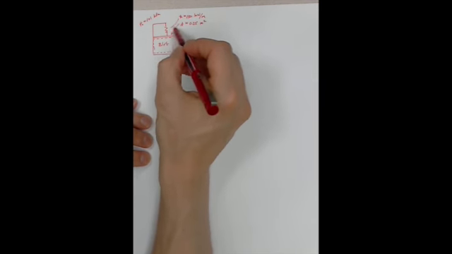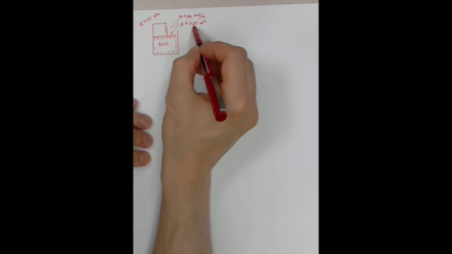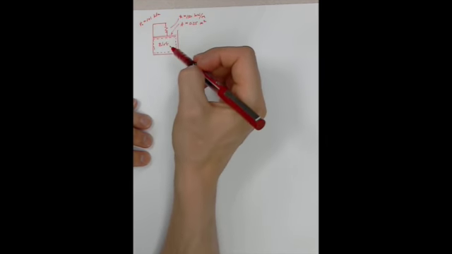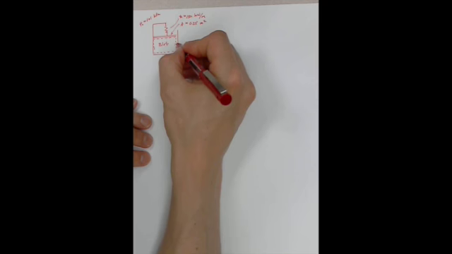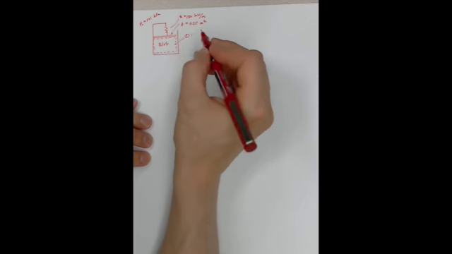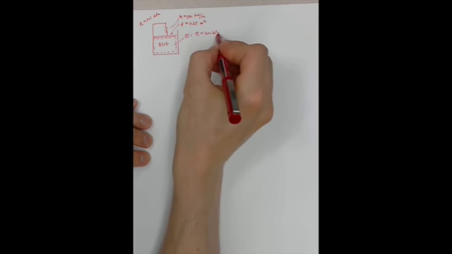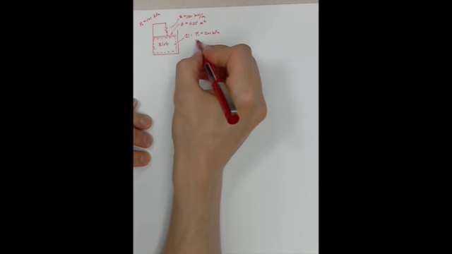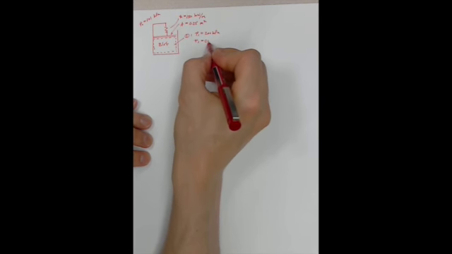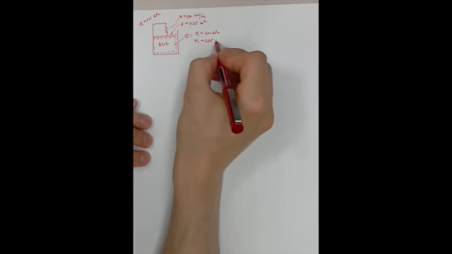We're told the area of the piston head, and we're also told the atmospheric pressure. We're also given that at this initial configuration, state 1, the pressure is known. The pressure is 200 kPa, and the volume is 0.05 meters cubed.